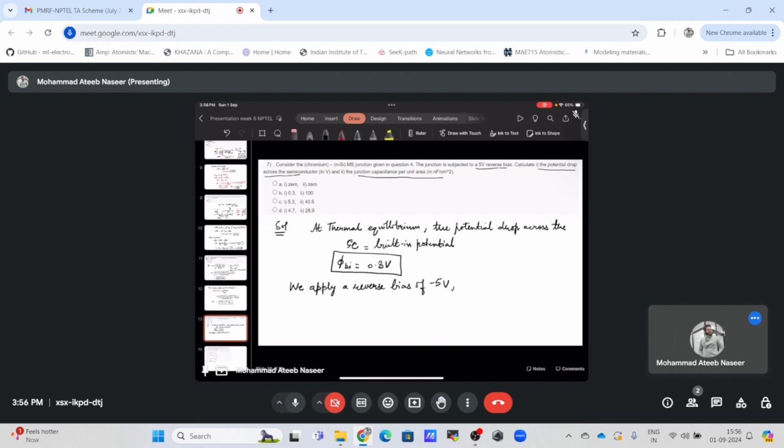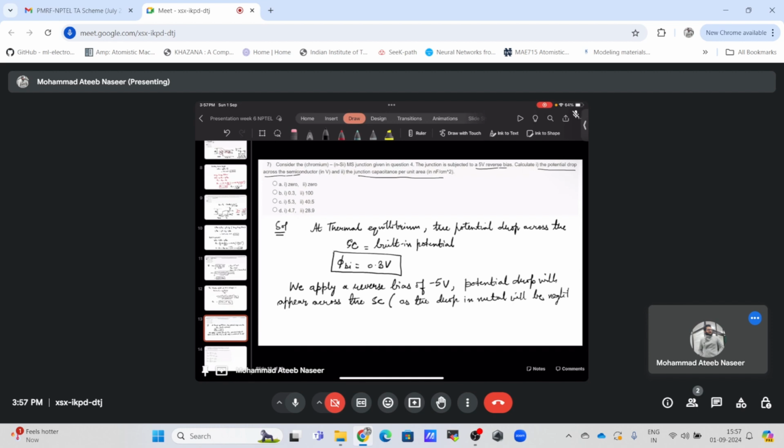So this potential drop will appear across the semiconductor, because the drop in the metal side will be negligible.